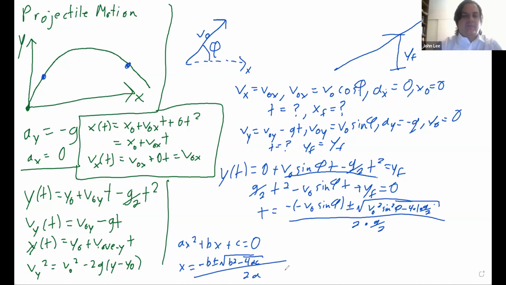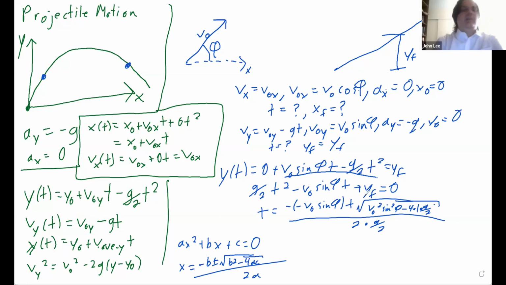So we did that for t, and we were able to find the time it took to get there in terms of the initial variables and the initial angle.